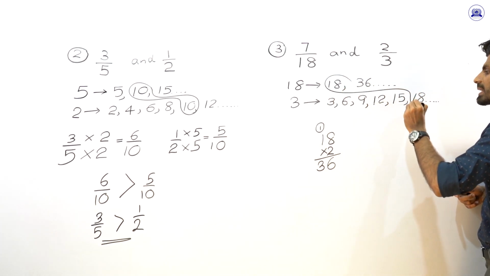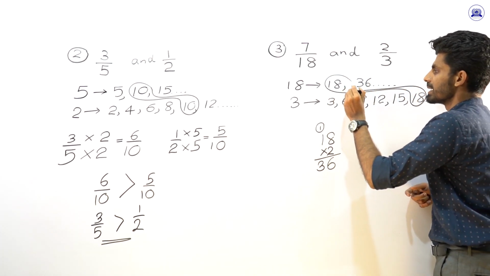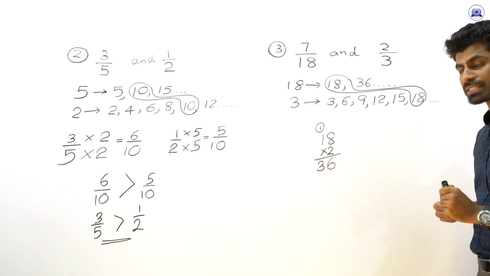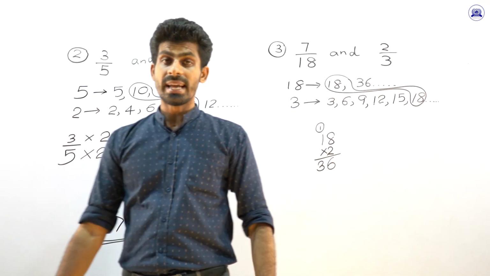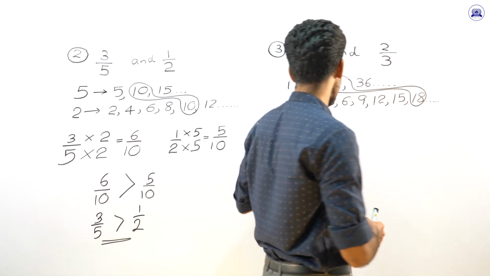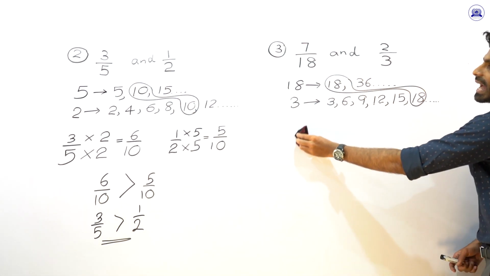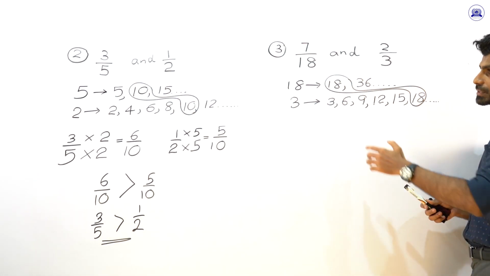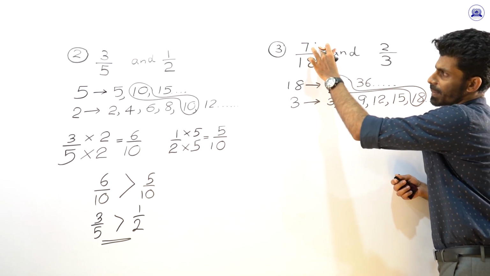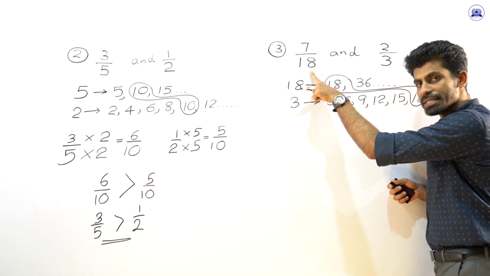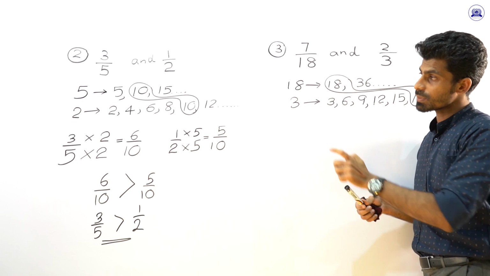Just look at this one. 18 is the common denominator. 18 should be the common denominator. So I'm going to clear this one. Okay, so we need to convert into 18. Lamai, do we need to change this one?